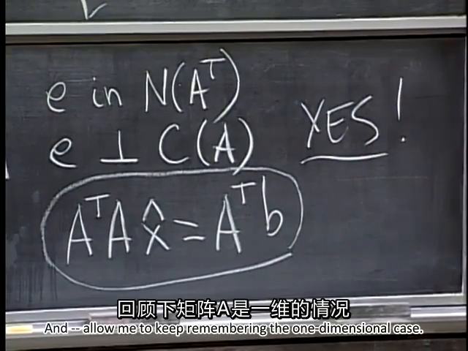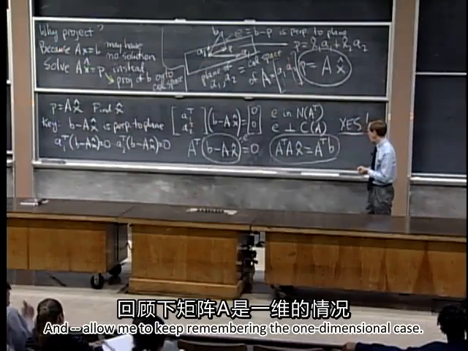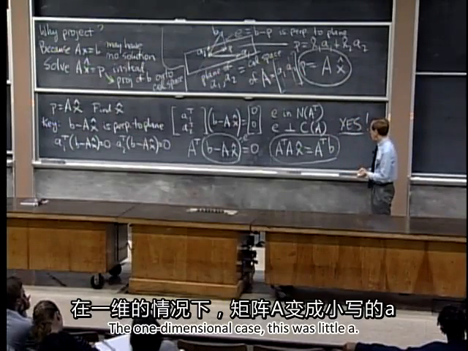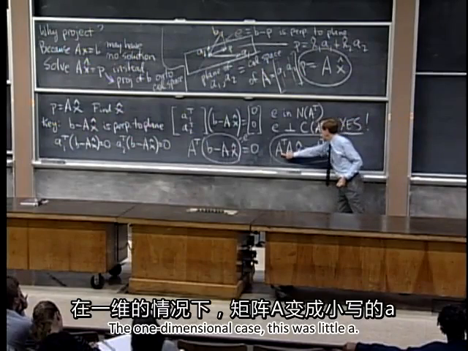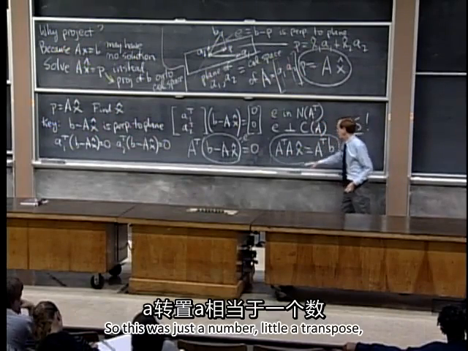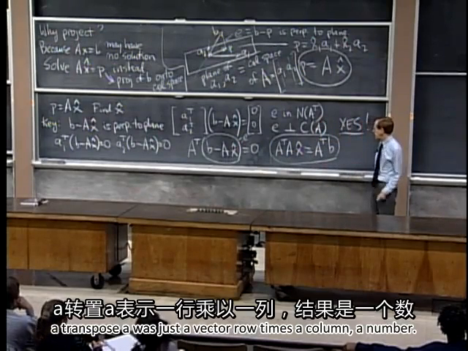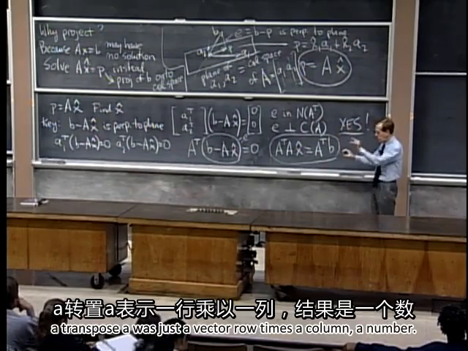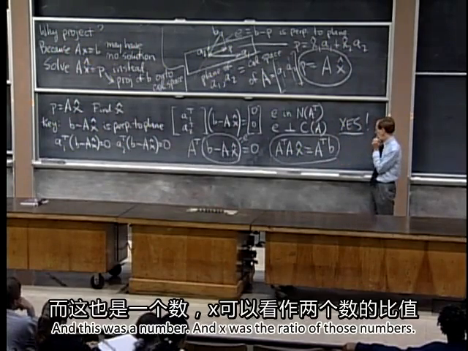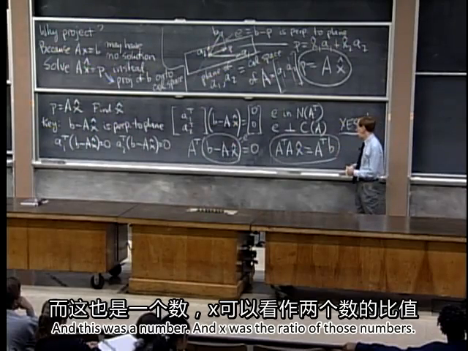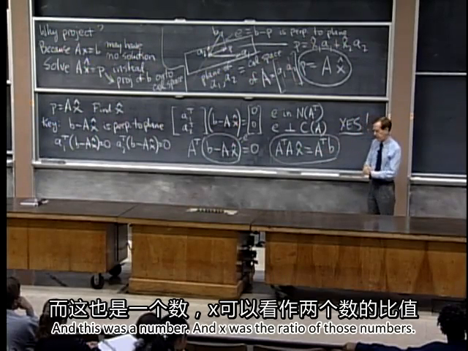Allow me to keep remembering the one-dimensional case. There, little a was just a column, so a transpose a was a row times a column, just a number, and x was the ratio of those numbers.